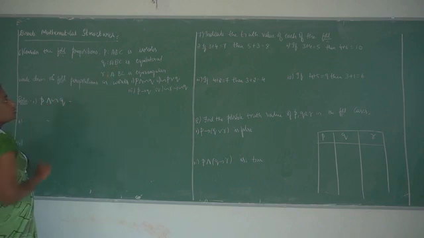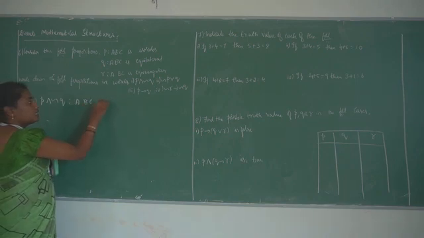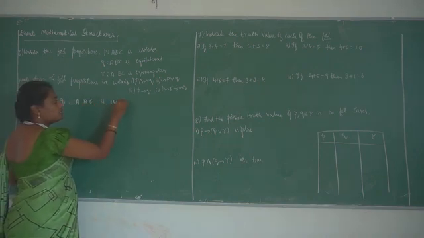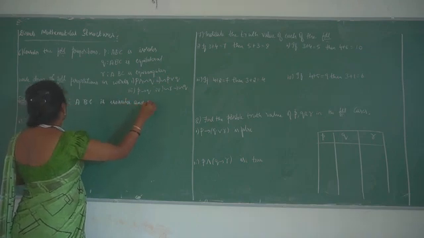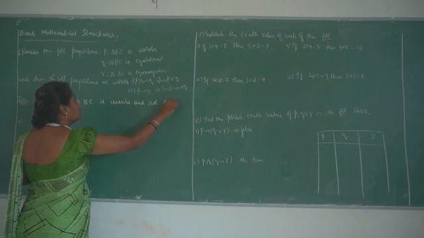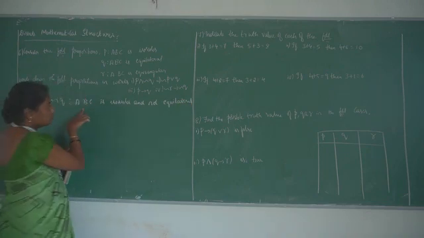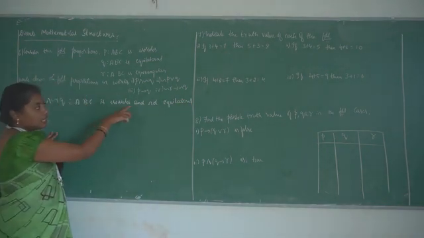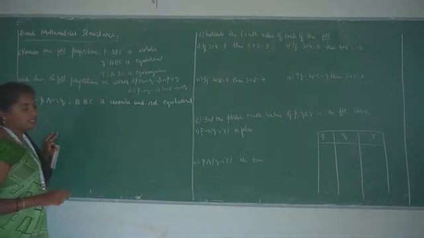So the statement of the given proposition is: ABC is isosceles and not equilateral. I am not writing ABC again. Since it is not Q, it is not equilateral.